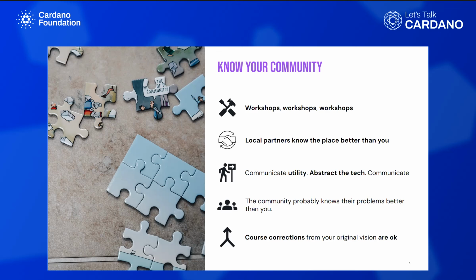And this is where the last part comes in: course corrections. And you will have course corrections. You have to change course a little. Not completely, if you went through the first several steps that I outlined earlier, but there will be adjustments, and just don't be stubborn about it.